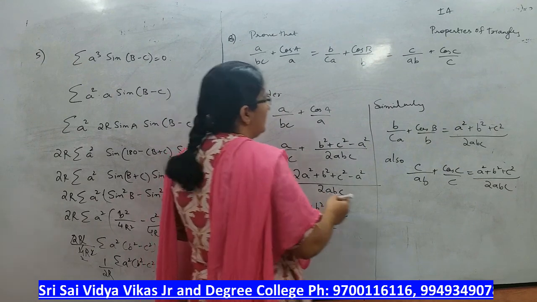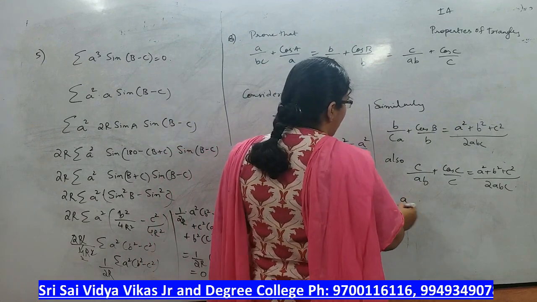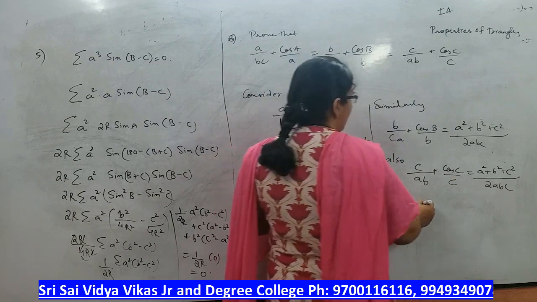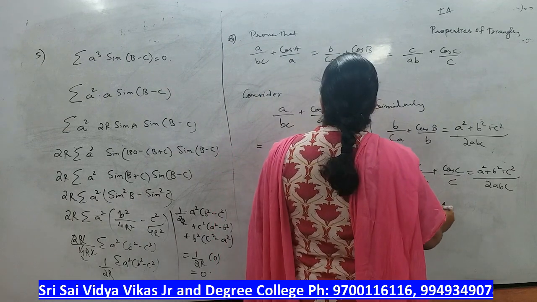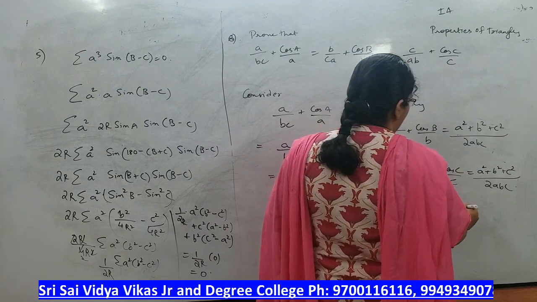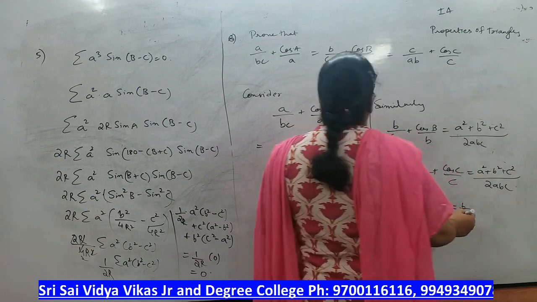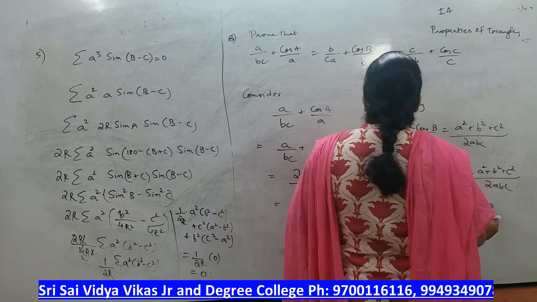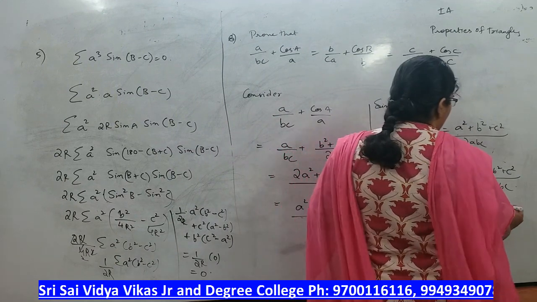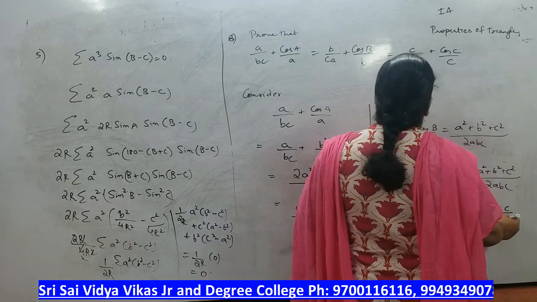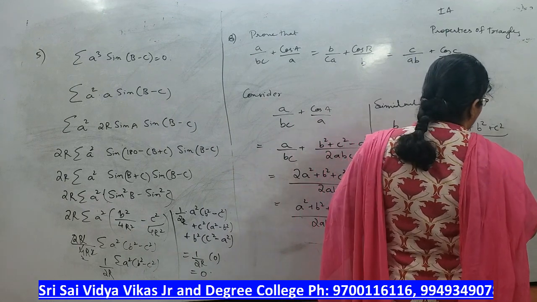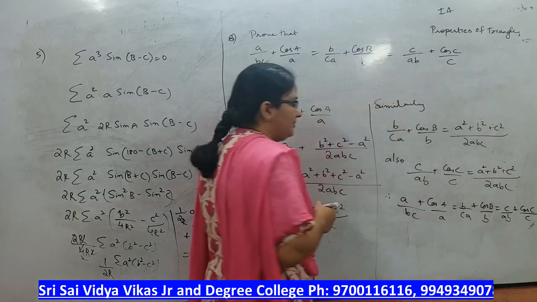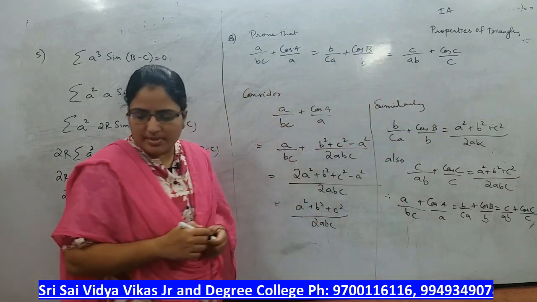So therefore a by bc plus cos A by a is equal to b by ca plus cos B by b is equal to c by ab plus cos C by c. This is what you can prove. That's about this problem, children.